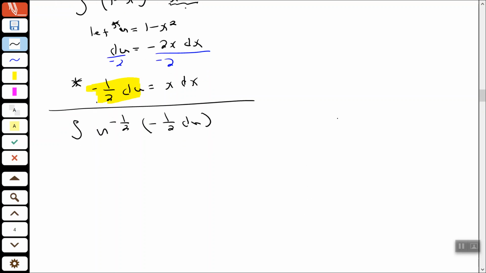Okay, so keep going through the process, bring the negative 1/2 back out in front. And then integrate, so we need to add 1, which is the same thing as adding 2 over 2, so that gives us positive 1/2. And if we divide by 1/2, that's the same thing as multiplying by 2.